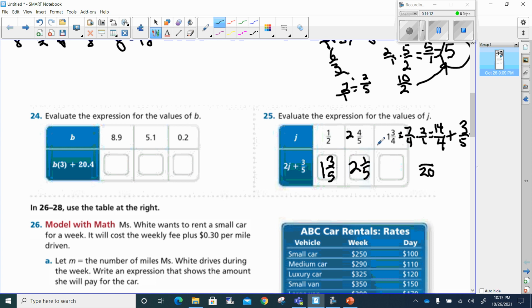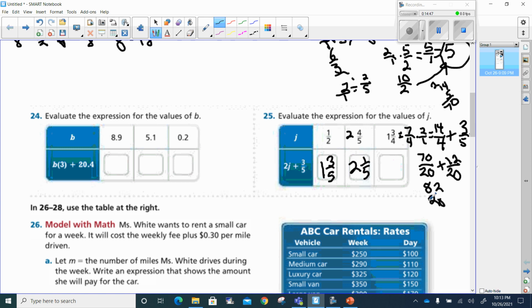Let's see, 14 times 5. 4 times 5 is 20. So this is going to be 70 over 20. We're adding that to, well, 5 times 4 is 20, and 3 times 4 is 12. Now I have 70 plus 12, that'll give me 82 over 20.